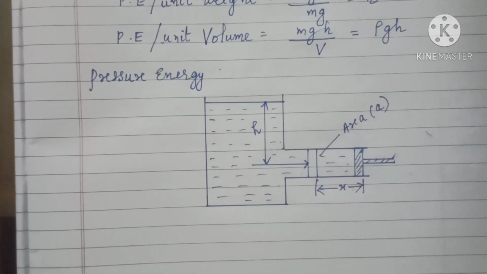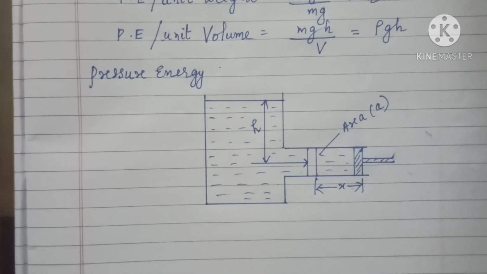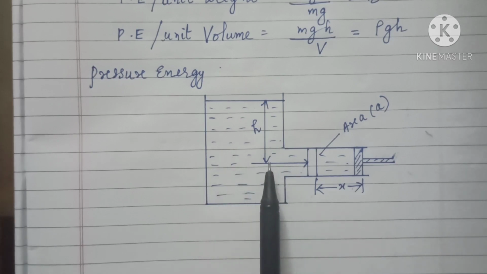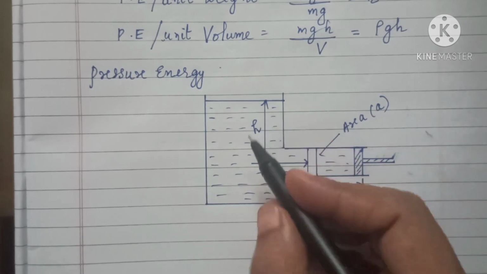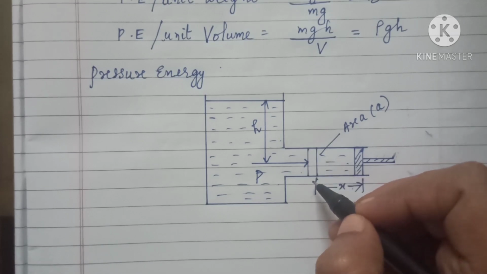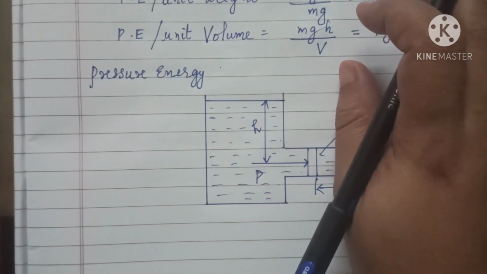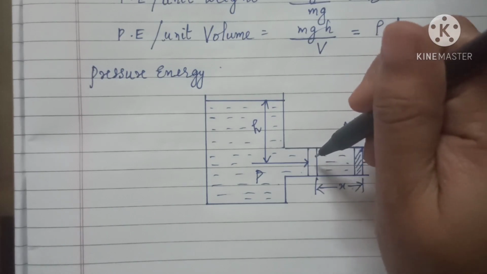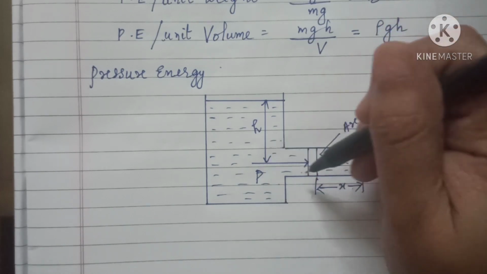Now listen to this figure. Here there is a cylinder filled with liquid. Now this liquid is exerting a pressure P on this piston. First the position of the piston was here. Then it exerted pressure.